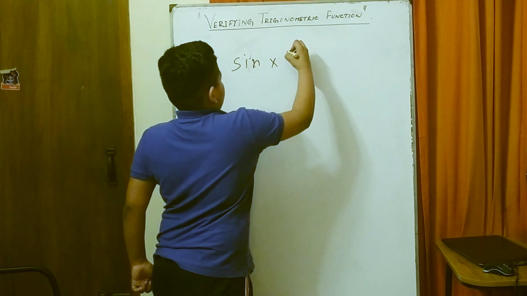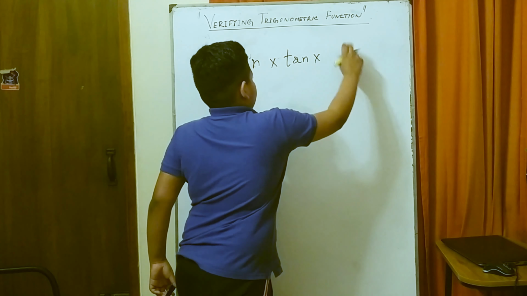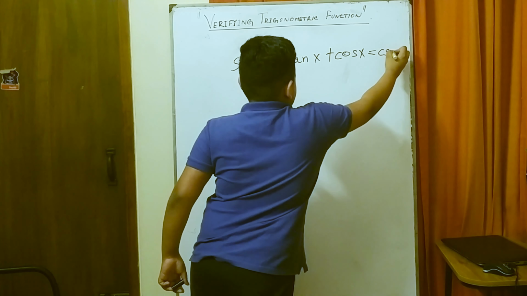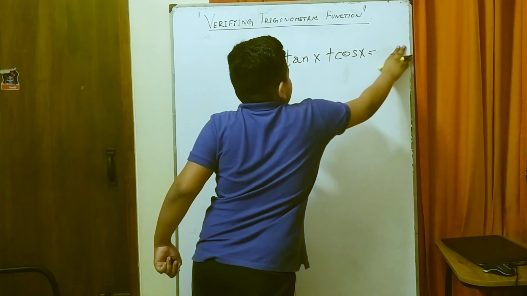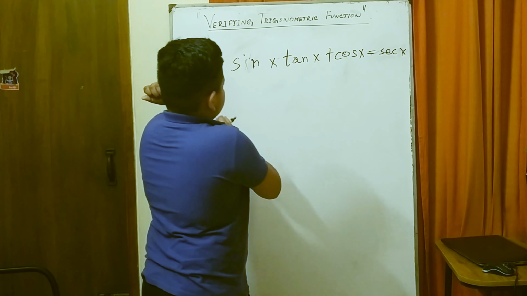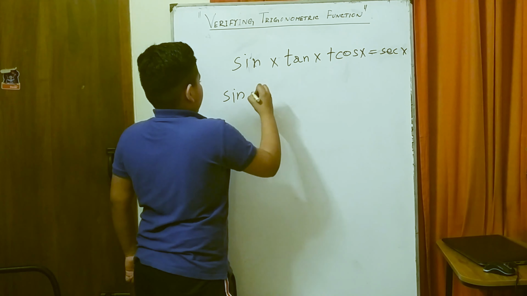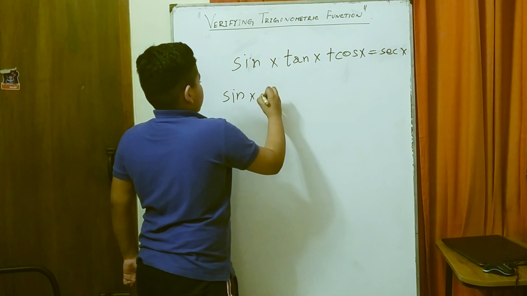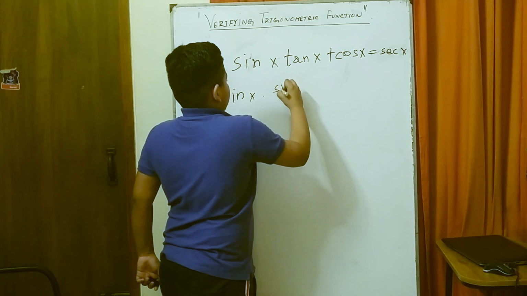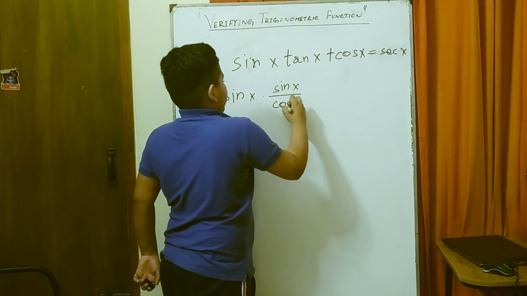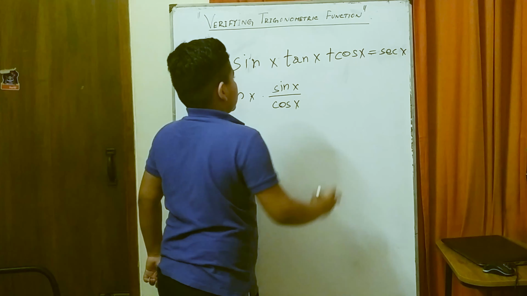Sine x times tangent x plus the cosine of x will be equal to the secant of x. We're still going to use the same strategy, and so we're going to use sine of x times sine x over cosine x.